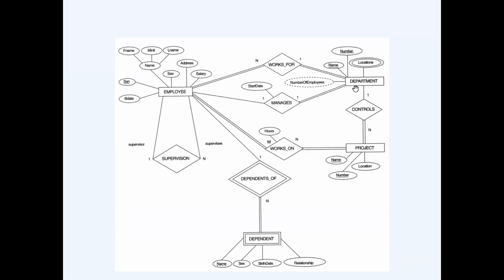Then let me take this relation. Not all employees, some employees manage the department, meaning an employee works as a manager in the department. So this relation is called manages. So take one employee, he can manage maximally one department.